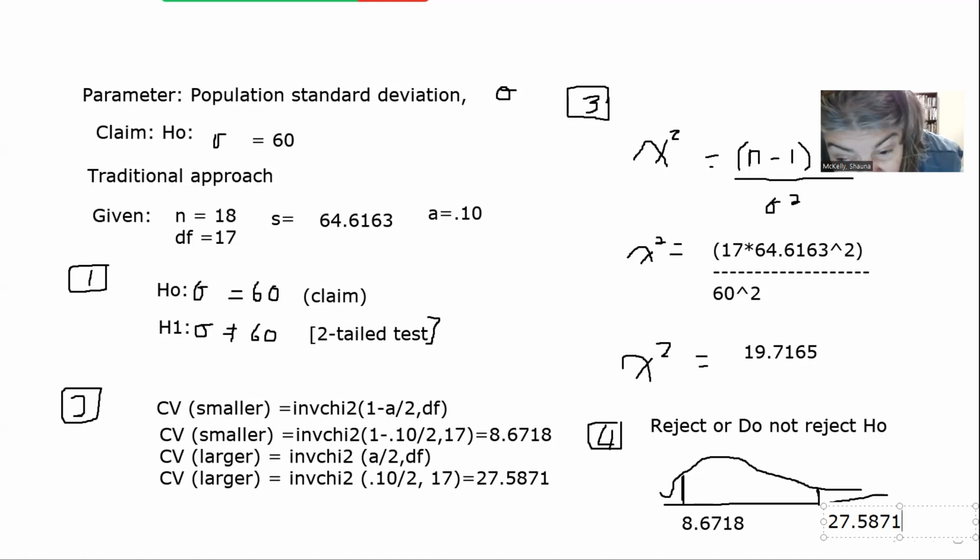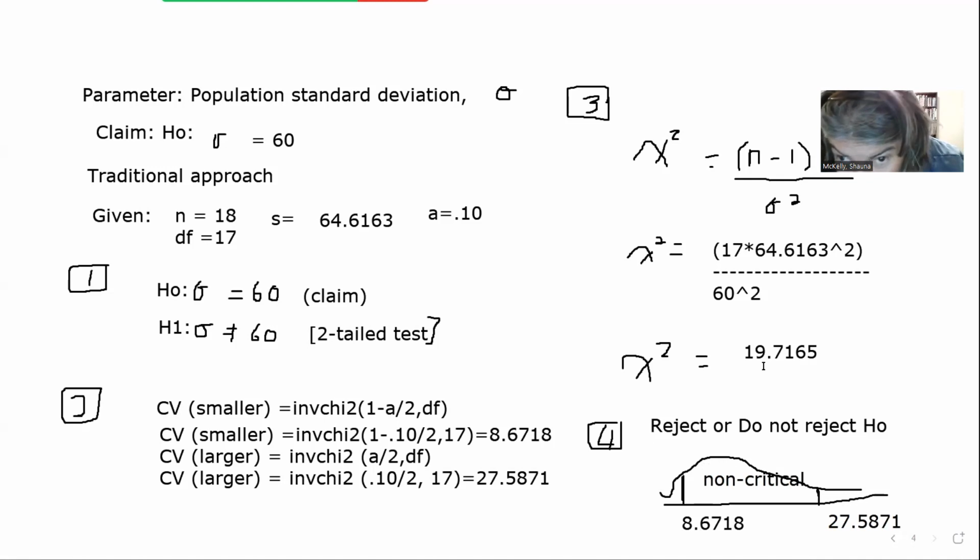And so remember, this is my non-critical or my non-rejection region. And then my rejection regions are out here.